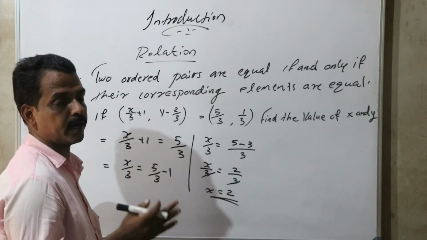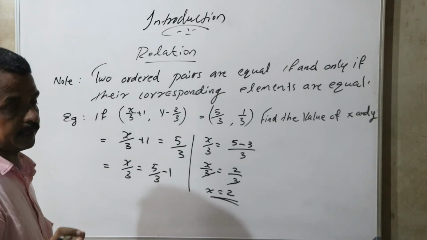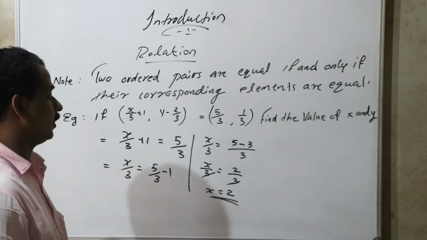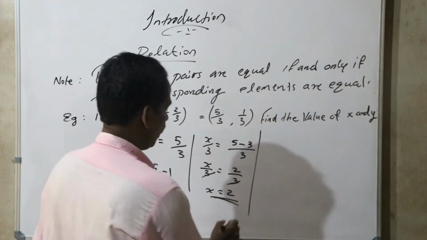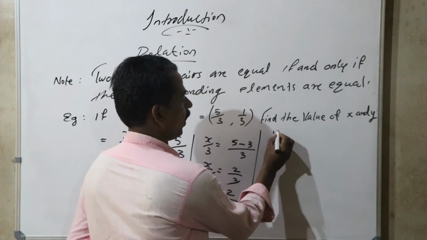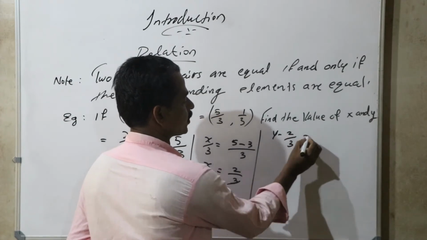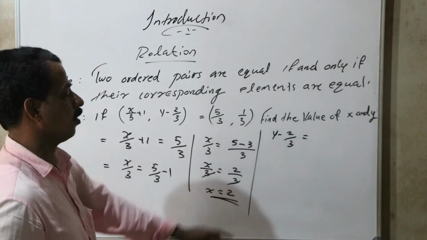The denominator of LHS is 3, the denominator of RHS is 3. The 3s cancel. Then x is equal to 2. What is the value of y? y - 2/3 is equal to 1/3.